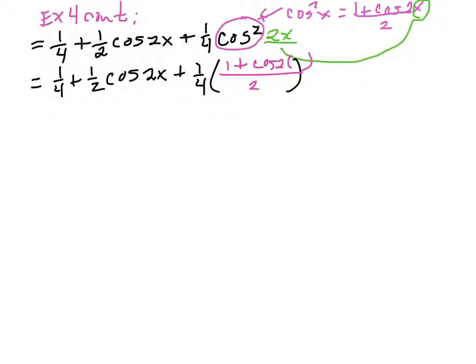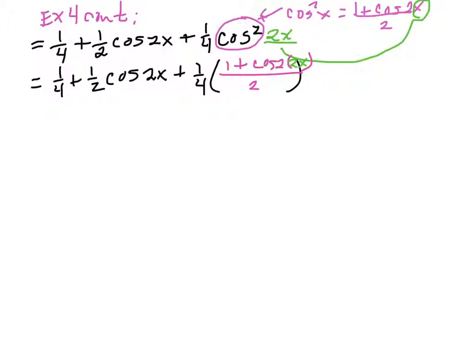The 2x. So that's 1 plus the cosine of 2 times 2x all over 2. I'm going slowly on purpose. I don't want to lose anybody.